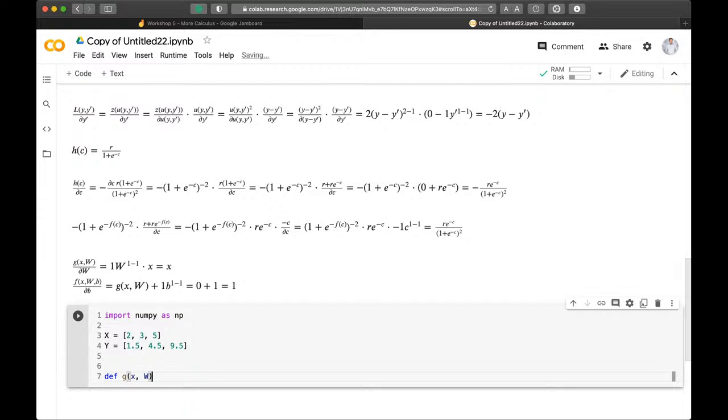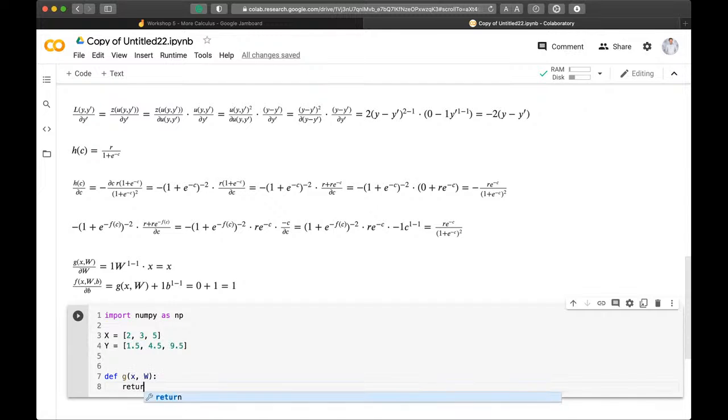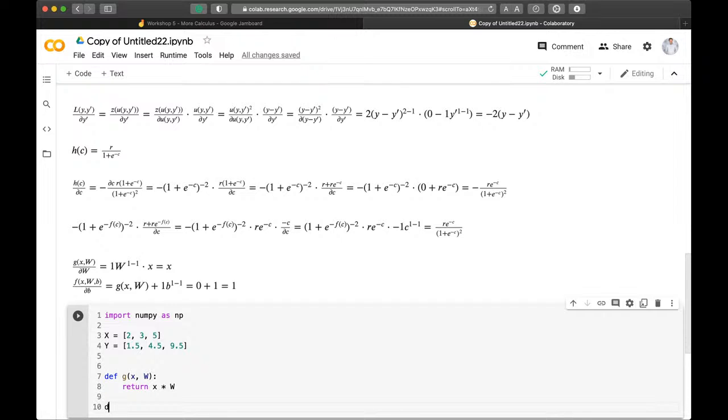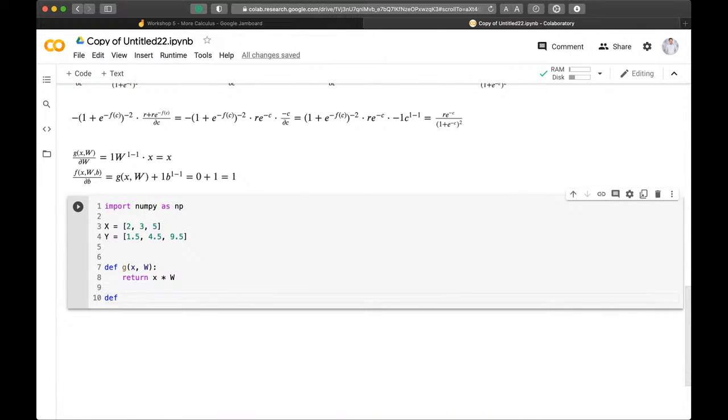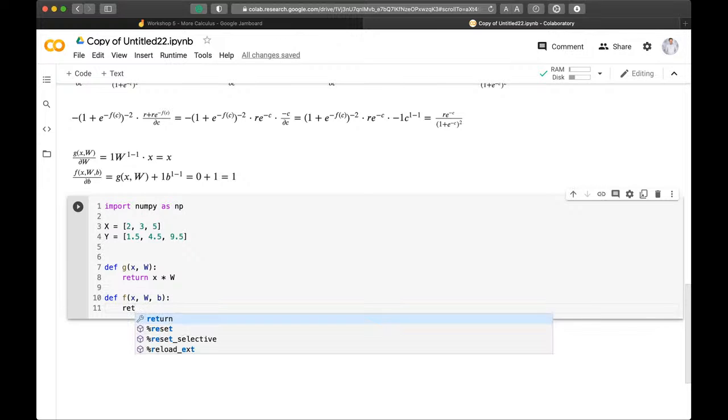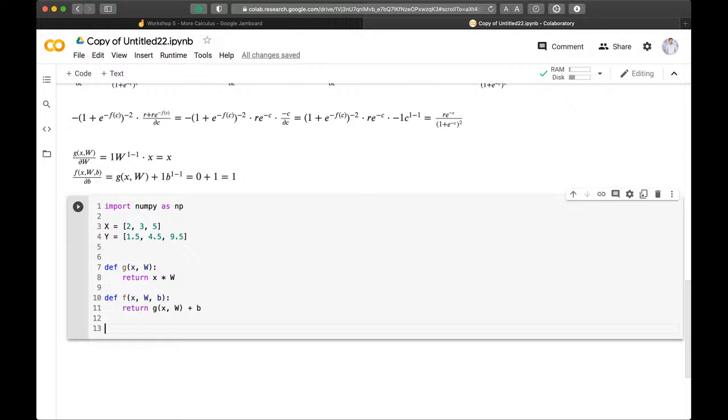So this is return x times y, right? Then def, the next one is f of x, y, b, return x plus b, right?